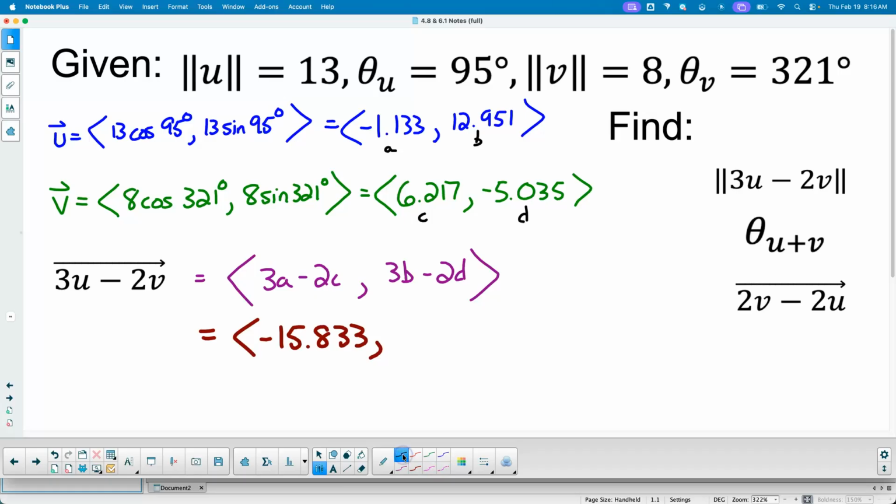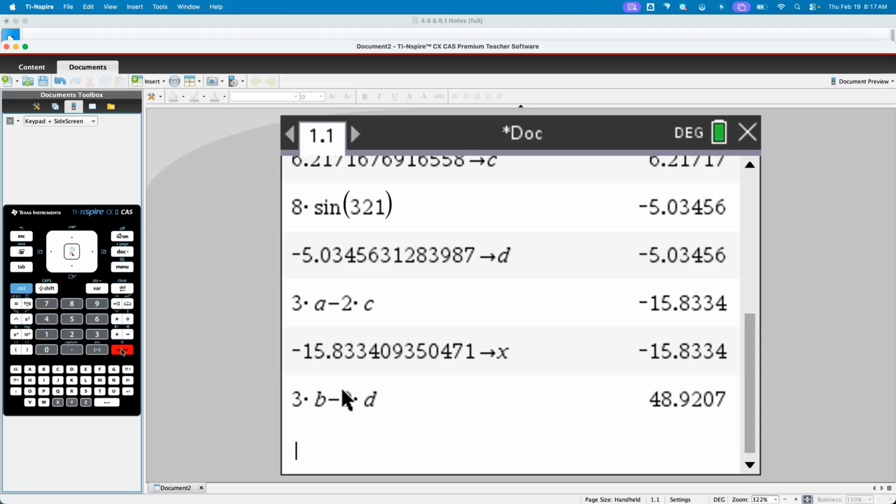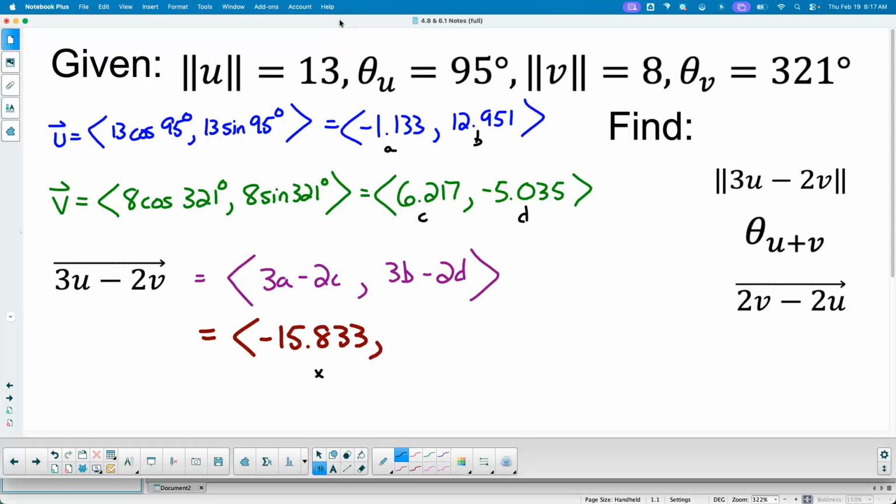And I also have that stored as my x. Now I'm going 3b minus 2d. 48.921. And I'm going to store that as y.